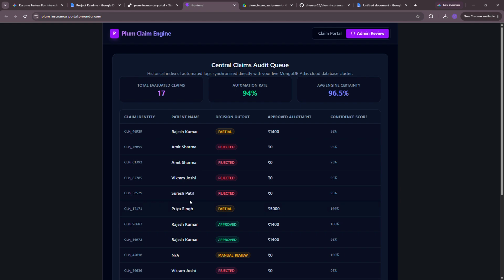Okay, so you can see the Plum over here, right? I would be removing this live. I removed the Plum over here, saved it, and now I would be pushing it to GitHub.